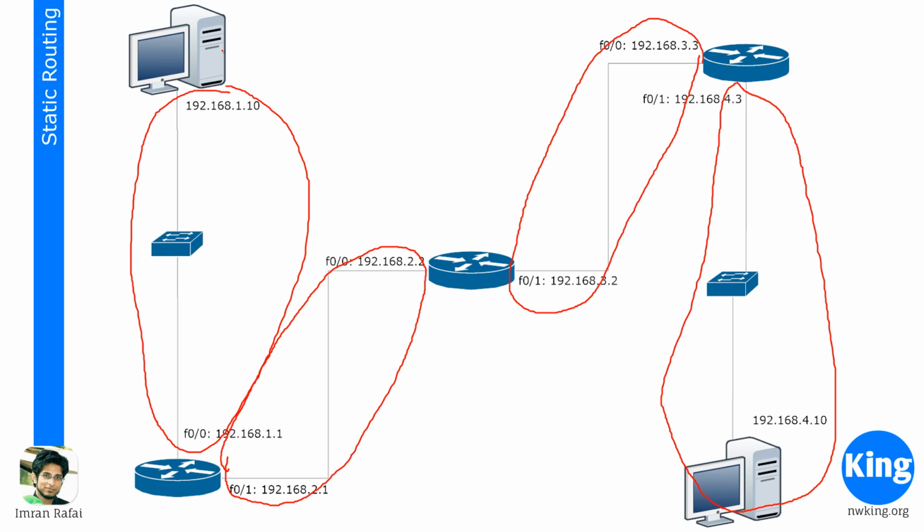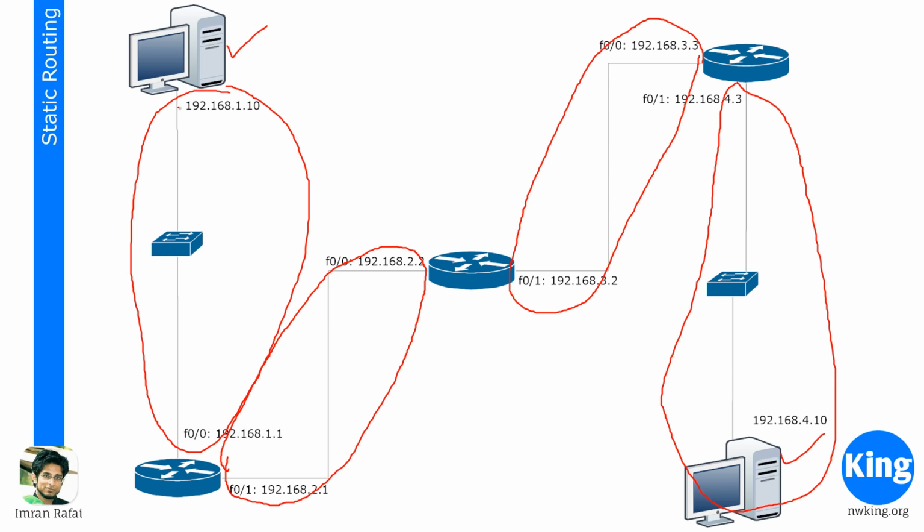So if this computer wants to communicate with this computer, it looks at the IP address 192.168.4.10. That's the IP address it wants to communicate with. And knowing the way we have looked at data transmissions earlier, this computer will have to send that data to its gateway, which is 192.168.1.1, this device.